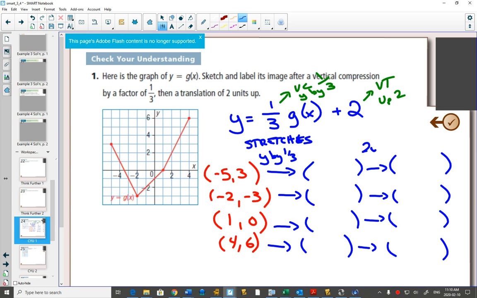So here, I'm going to label that as 2 up, after the whole thing. Otherwise, sometimes your graph gets really busy and hard to follow. So y by 1/3, we're going to get -5, 1, -2, -1, 1, 0, and 4, 2.